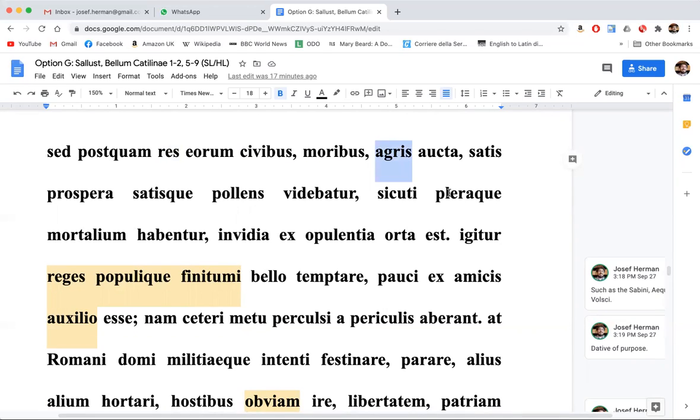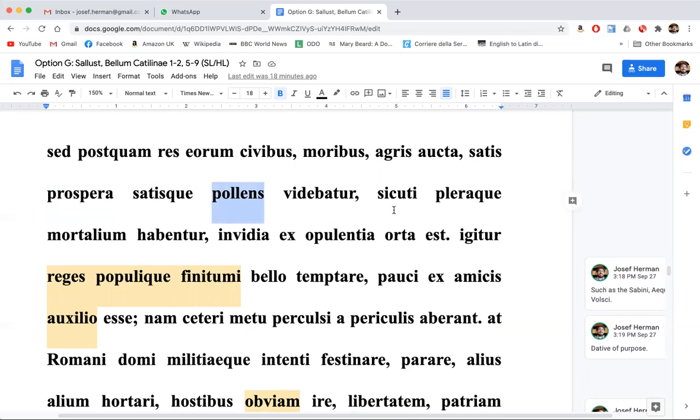So after their community, having done that, was seeming, videbatur, prosperous enough, satis prospera, or you could say fairly prosperous, and satis pollens, and fairly strong.